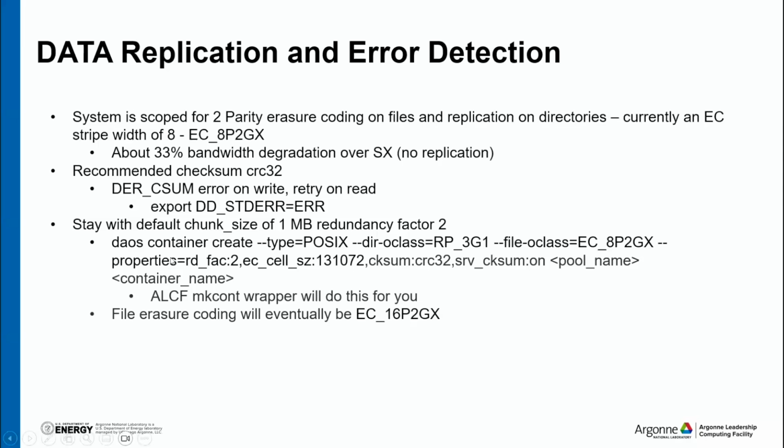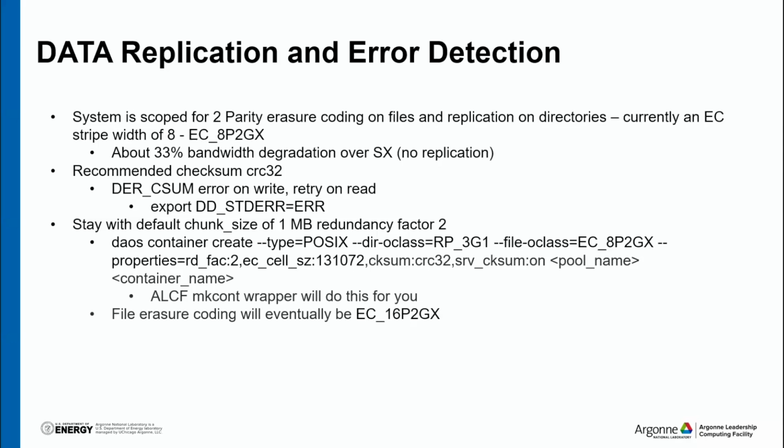When you create your containers, the default chunk size for a container is 1 megabyte, and that 1 megabyte is simply the greatest amount of data that one client will write to one target at one time. That 1 megabyte has been chosen as the default for the best general performance.